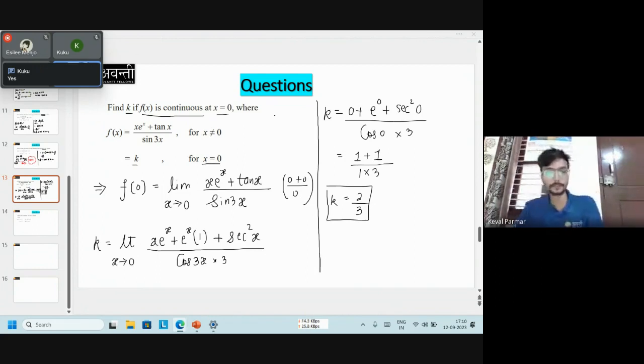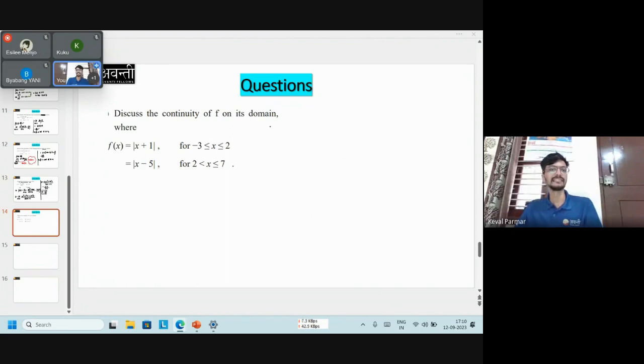Let's proceed further. So, next question is this. Discuss the continuity of f on its domain. So here f of x is given, and it is breaking on 2.